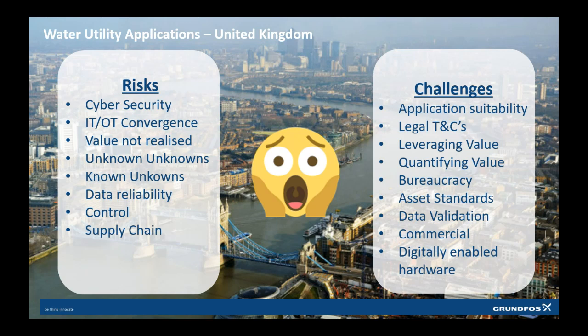There's asset standards, data validation, commercially, and the digitally enabled hardware that's available in the field. So these are lots of the problems that are real, they're out there, and I think we all recognise them. I think Ofwat recognise them, and the utilities recognise them.